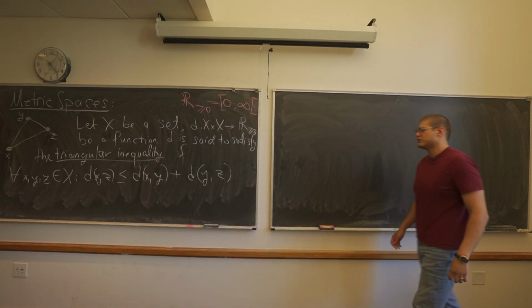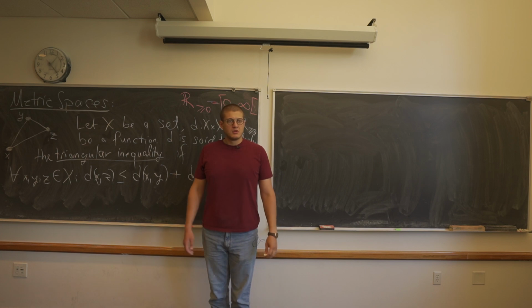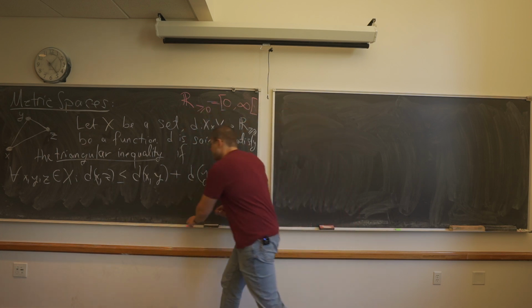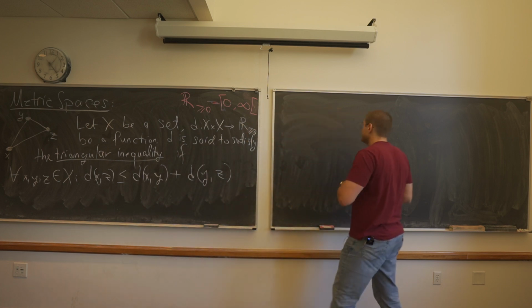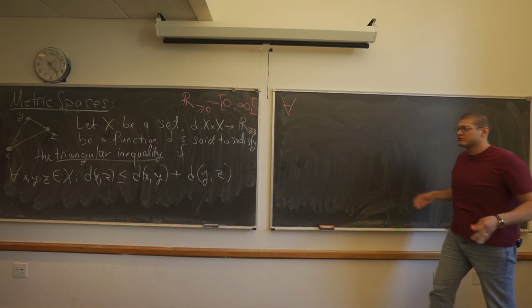That's the triangular inequality. How many of you have seen this upside down A symbol? Okay, so this is part of the logical vocabulary. Let me record it here. This means for any or for all.